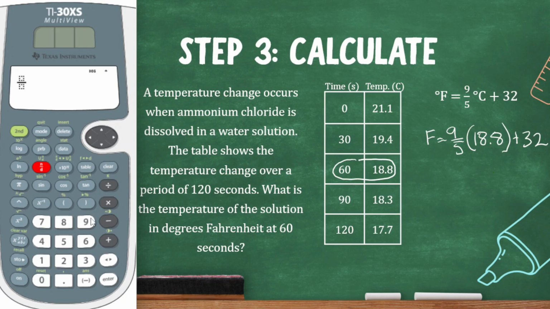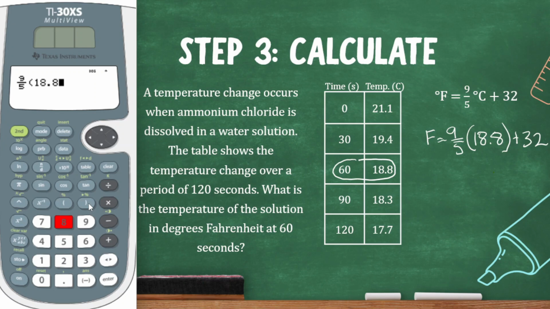I'm going to click on that, and then I have two boxes to fill in for my fraction. So I'm going to put 9, and then I'm going to hit the down button to get into the denominator, and then the 5. But now, once I'm done, I've got to hit the right arrow to get out of that fraction. Here's the parentheses. I'm going to write 18.8.